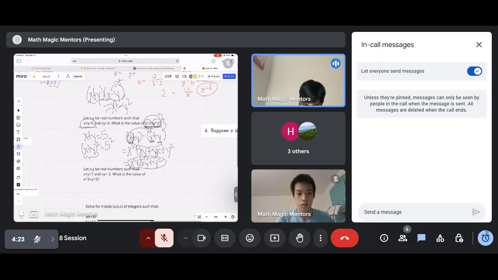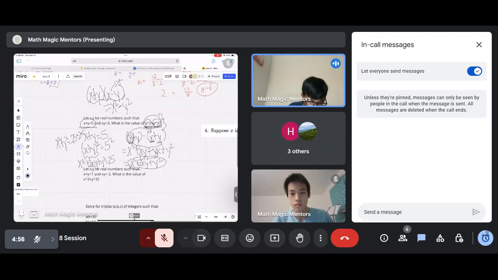And so we can say that x squared plus 2xy plus y squared is going to be 25. From here we want to find x squared plus y squared. If you want to solve for x squared plus y squared, you subtract 2xy on both sides, and you get something like this.